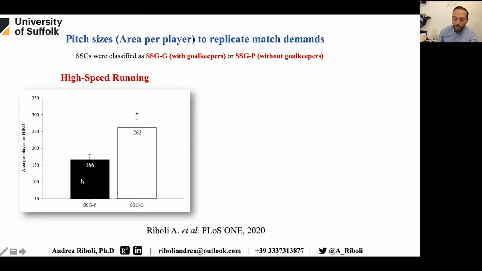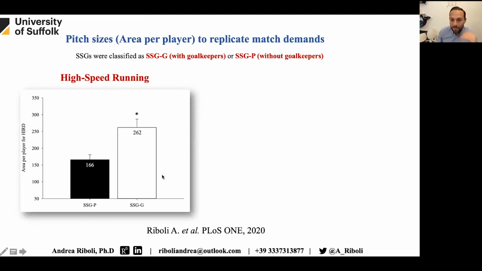What we found. In this first graph, you can see the area per player during small-sided games to replicate the high-speed running. We analyzed both small-sided games with goalkeeper and small-sided games possession play. The black bars are small-sided games without goalkeeper, so small-sided game possession play. As you can see, we should utilize about 160 meters square per player to replicate match demands for high-speed running using small-sided game possession play.